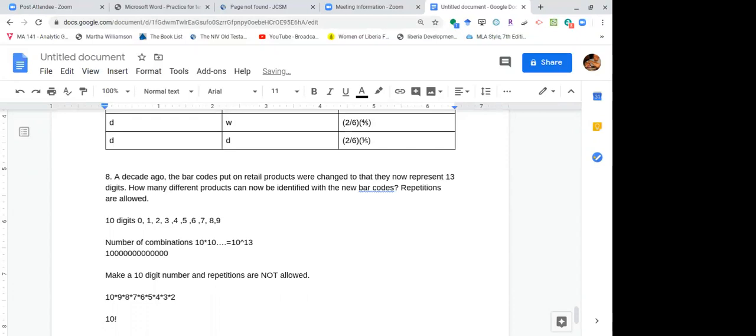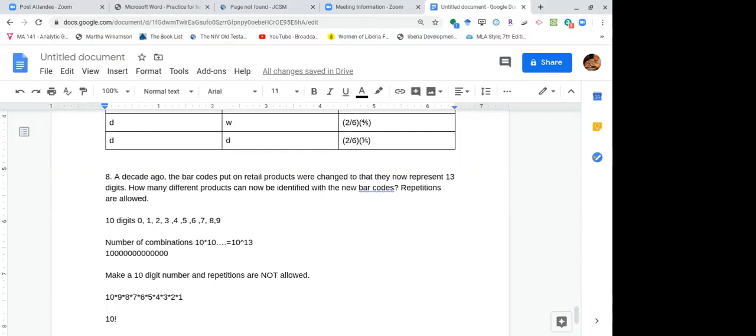Well, the thing is, to go back to your question, just temporarily here, remember, you're not going to go to 0, because that would mean that every option was 0, and that's not true. But if you had a 13-digit number, we don't have 13 unique digits. We only have 10 unique digits.